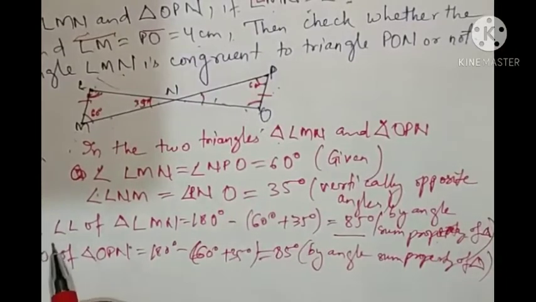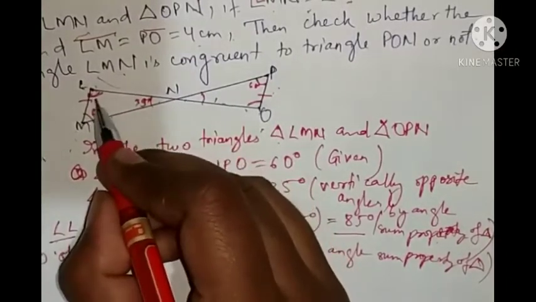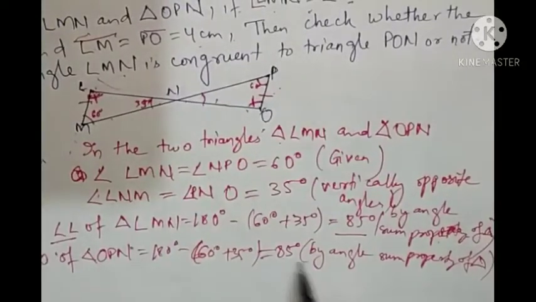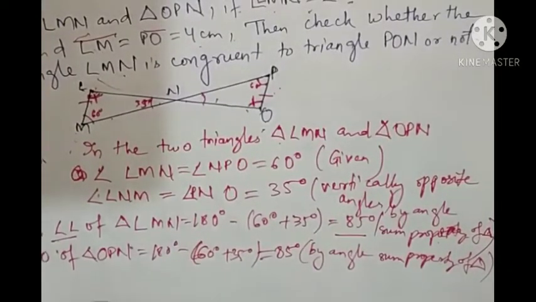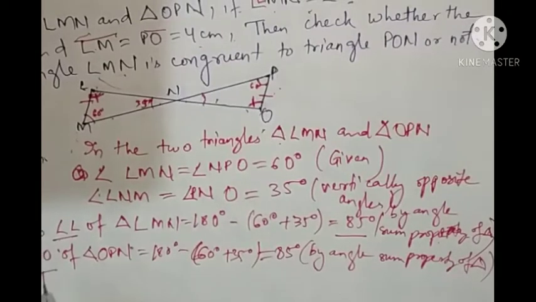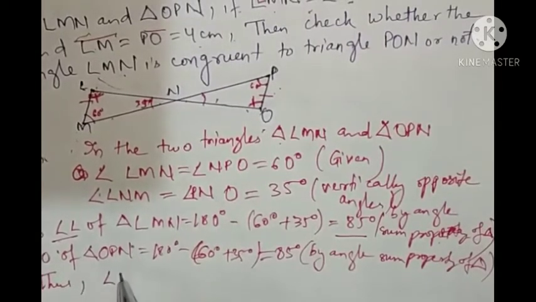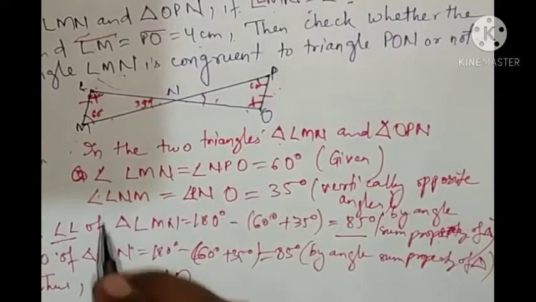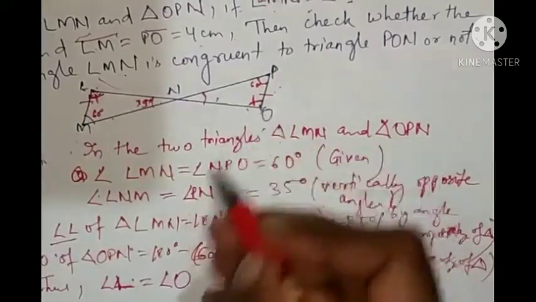So here you are saying angle L is equal to angle O, that is 85 degrees. Thus angle L equals angle O.